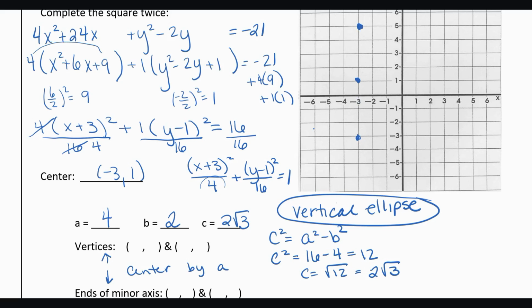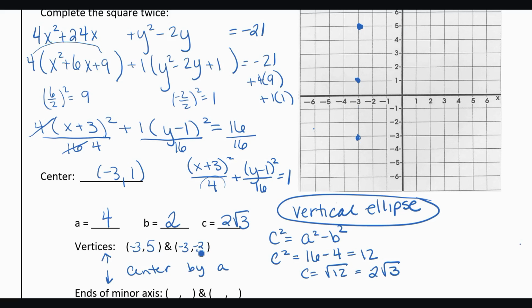Now notice that means it's going to have the same x coordinate as our center. So that's going to be negative 3, right? Now when we've gone up 4, we've really added 4 to this y coordinate of 1. So it's up at 5. And we've gone down, you can subtract 4, this is at negative 3.